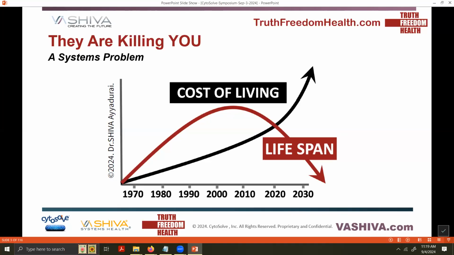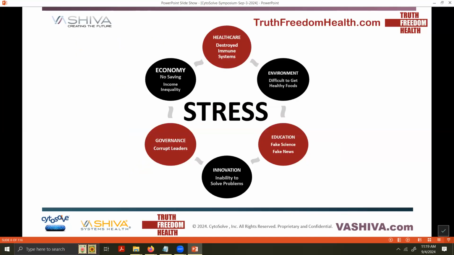And what's driving this is stress. The stress on the healthcare systems, where people have really no idea how to handle their immune systems. Immune systems being destroyed. It's difficult to get healthy foods. And the educational system doesn't teach people a systems approach. Solving problems is what innovation is about.